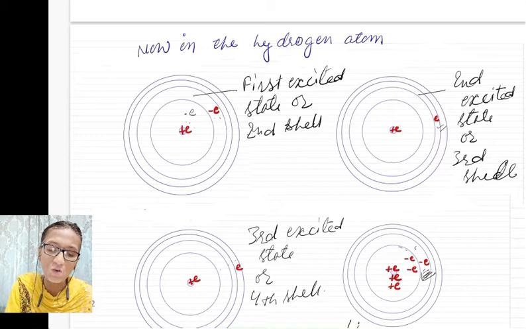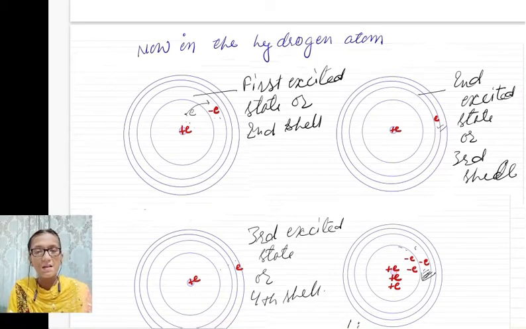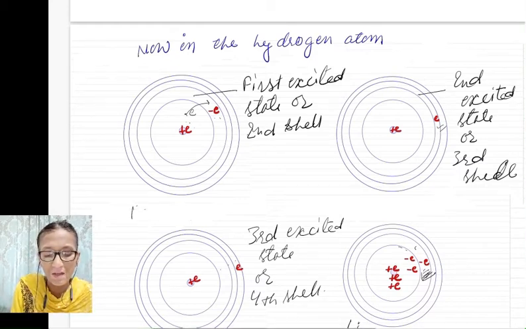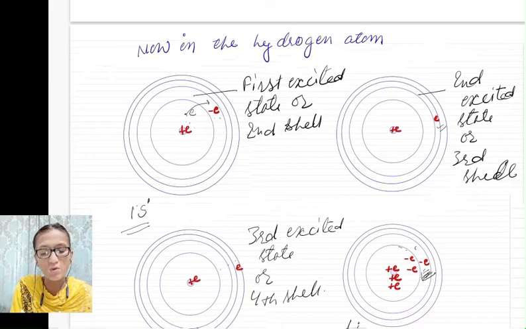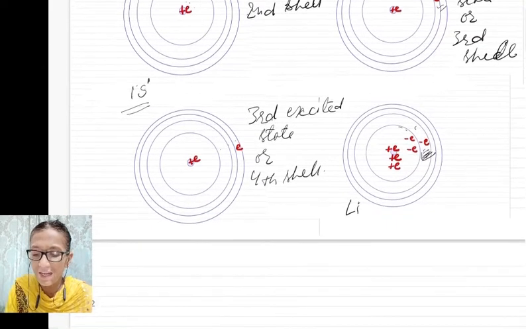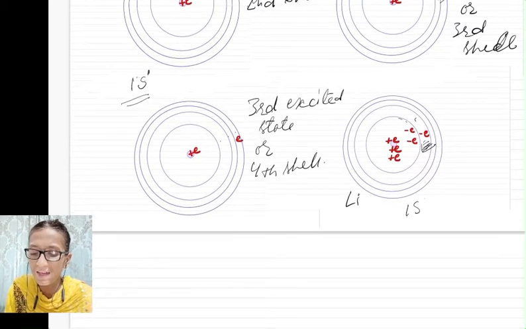For hydrogen, the electronic configuration is 1s1, so the electron should be in the first cell only. But in case of lithium you find that it is 1s2 2s1. It is in the second cell.